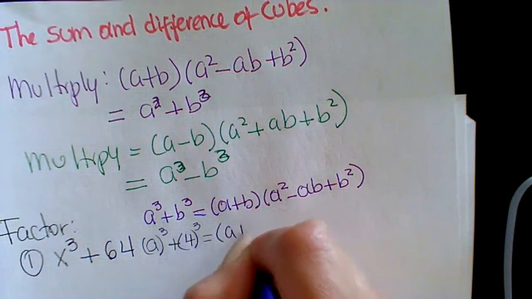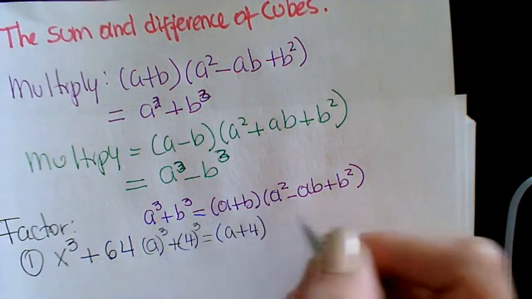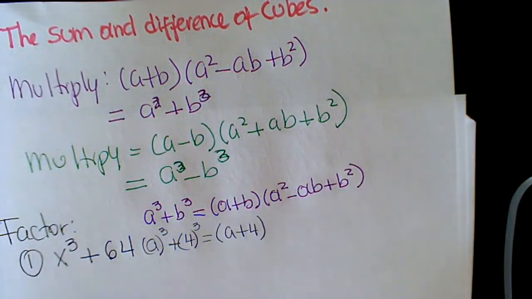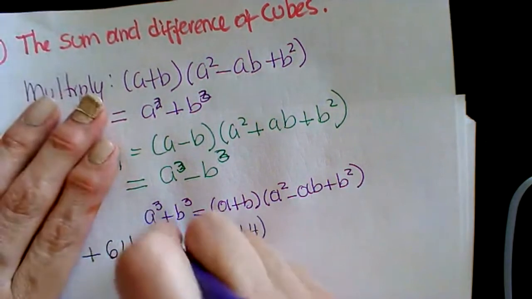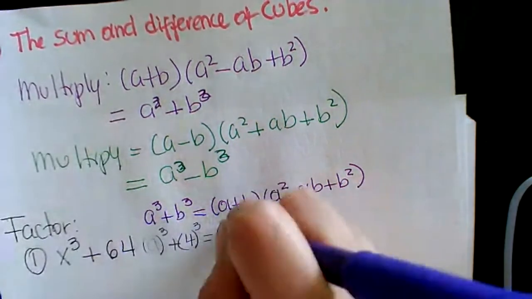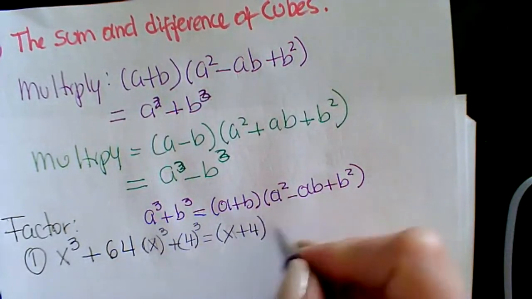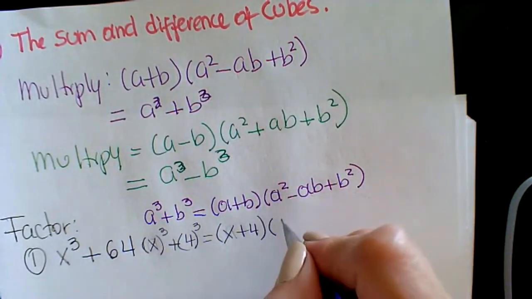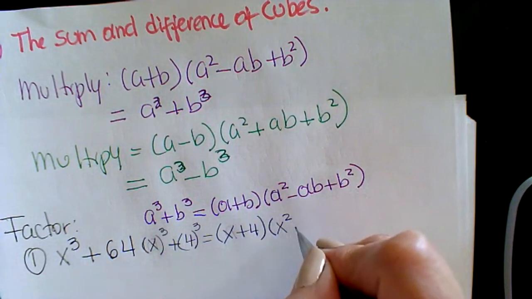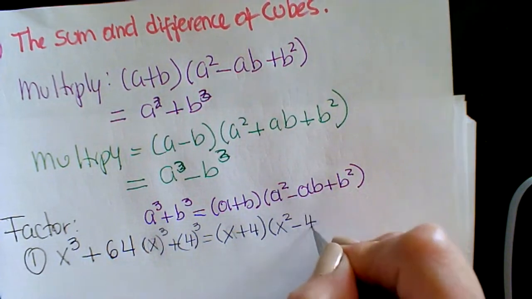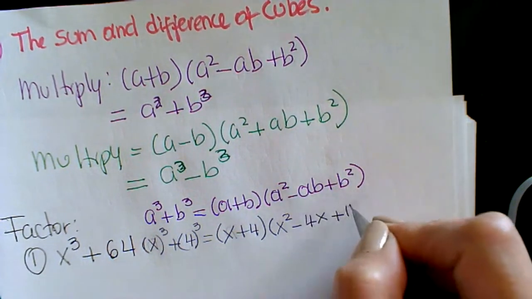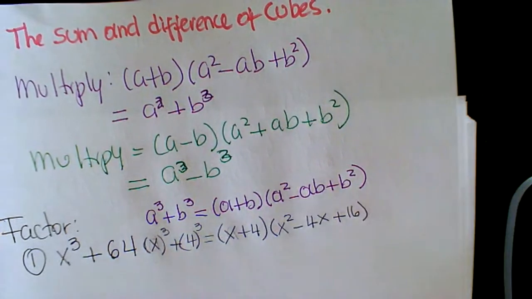So this is going to be x plus 4, and here is going to be x squared minus 4x plus 16, 4 squared. And we just factor it.